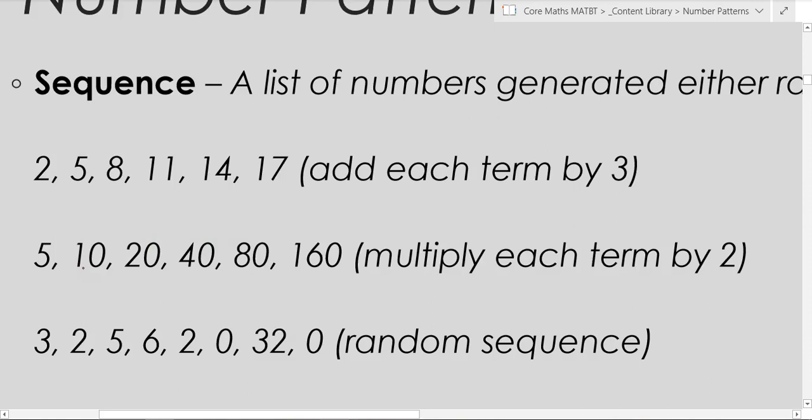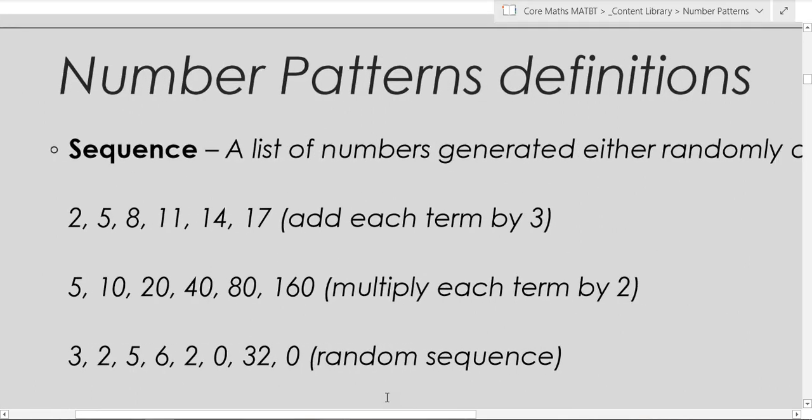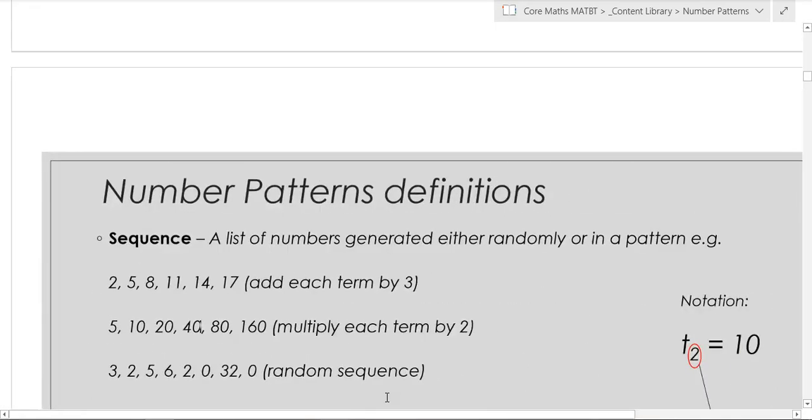That's the pattern here. Over here, the third one, 3, 2, 5, 6, 2, 0, 32, 0, has no real definitive way of finding the next number, so it's basically a random sequence. So a sequence is a list of numbers that are generated either randomly or with some sort of rule.